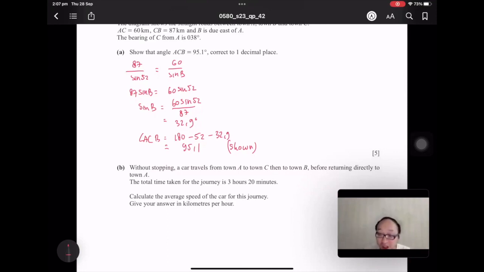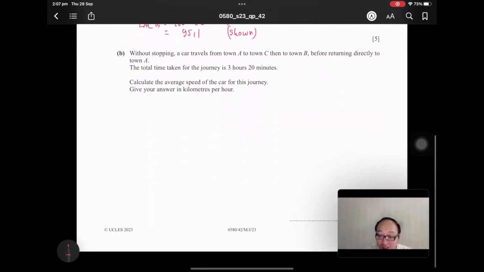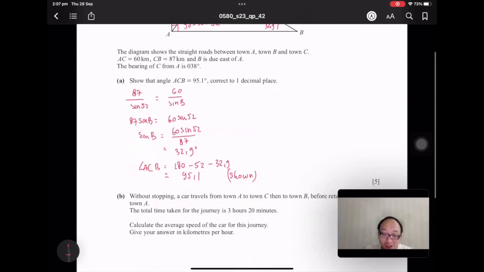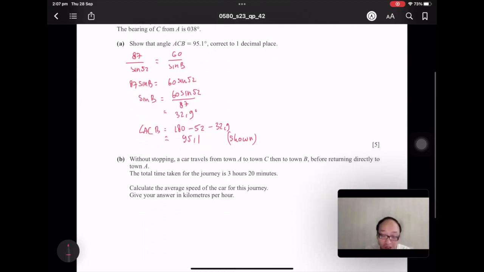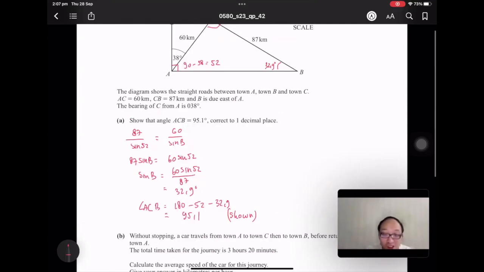So we have to find the total distance traveled by the car from A to C to B and then back to A. So we have to find the length of AB. We can use the cosine rule.